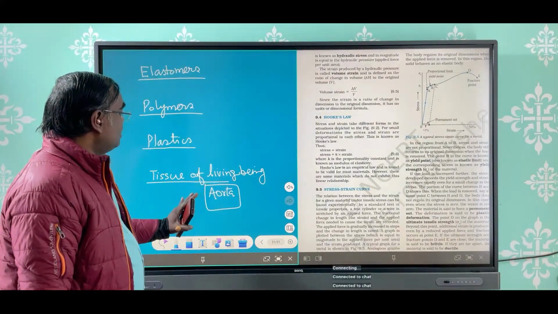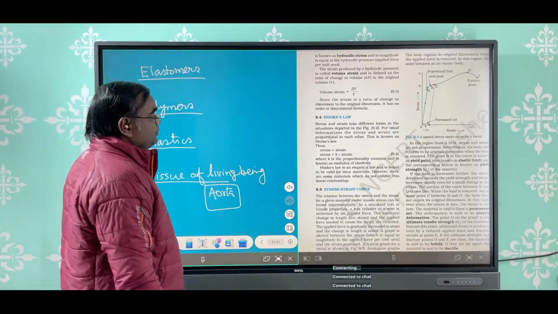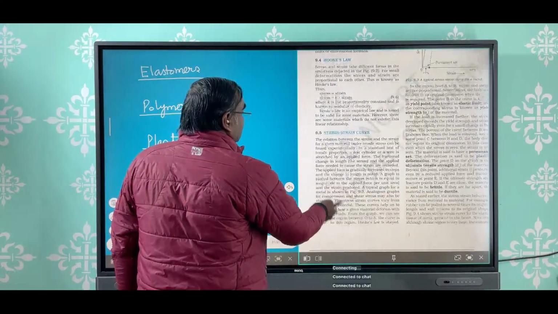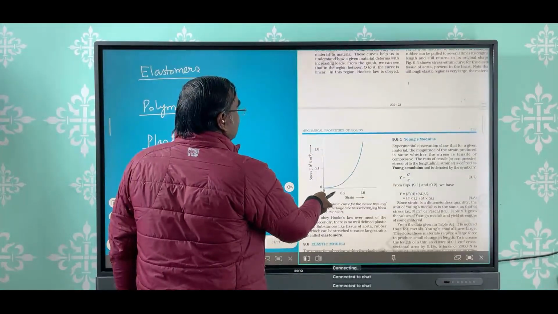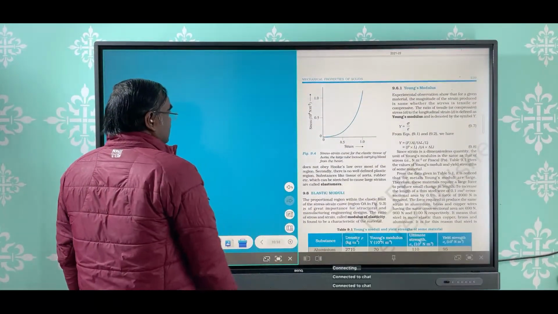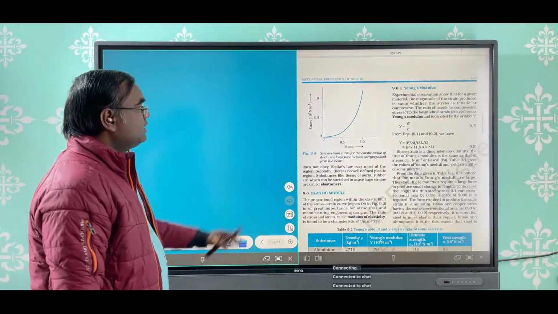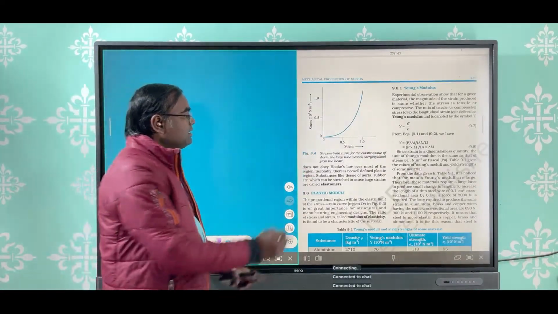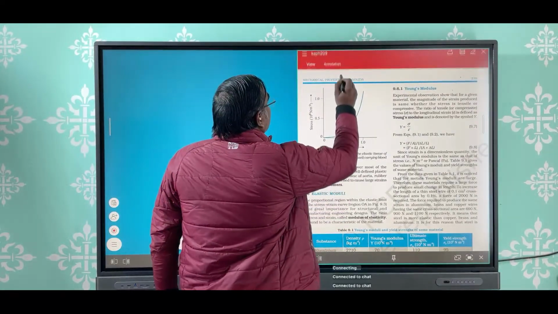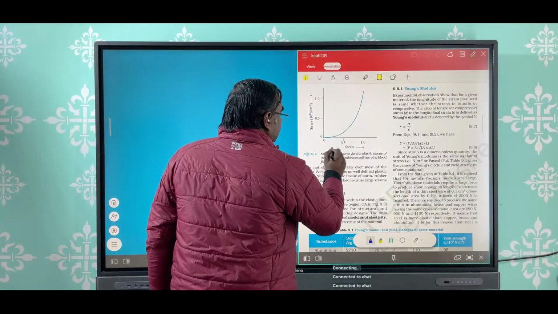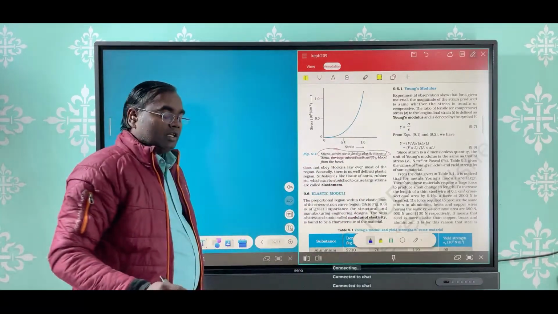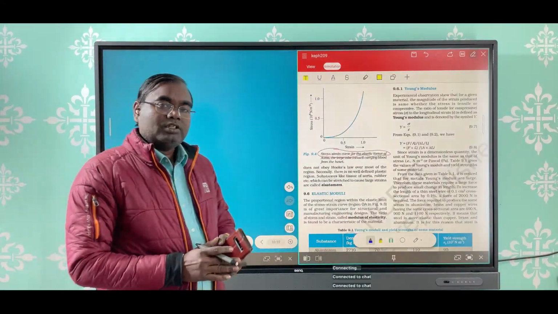Now come to the aorta case. In your textbook, there is a graph. I will discuss this. See, this is the stress strain curve for the elastic tissue of aorta. So, what is aorta?